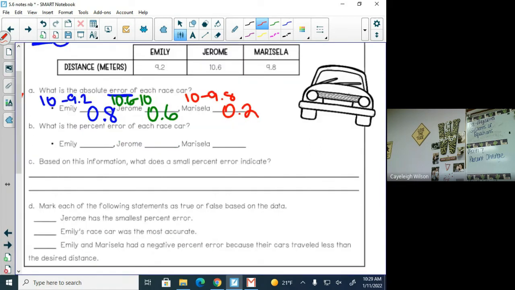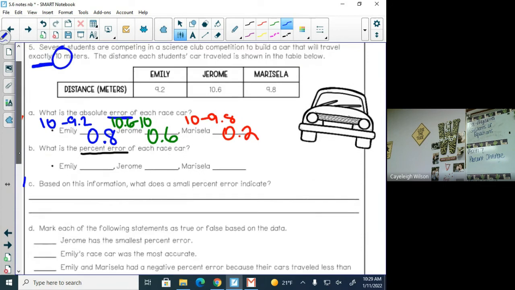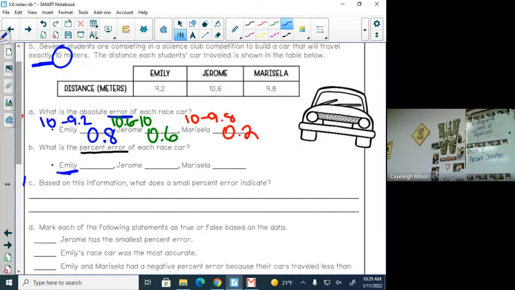Part B said, what is the percent error? So that means I'm going to set up the percent proportion, and I'm going to do mine over here in this space, underneath the car. So, I know that for Emily, and I'm going to do Emily in blue, the exact amount they went was 10, and her error change was what? 0.8.